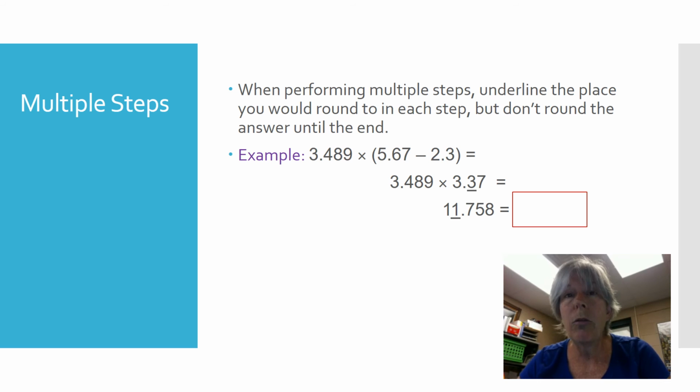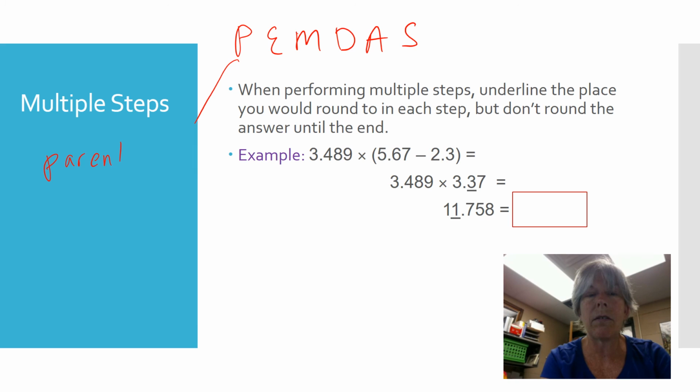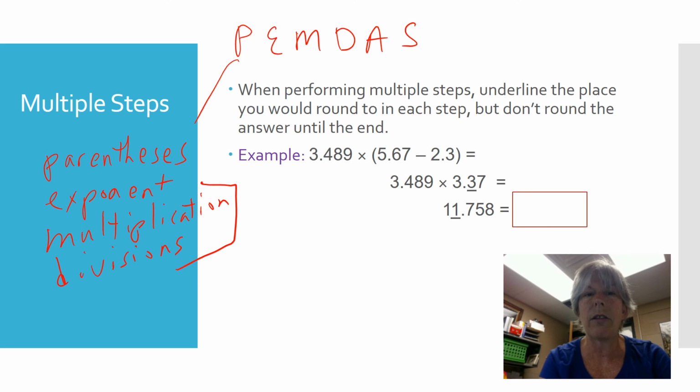And remember, with multiple steps in math, you have to please excuse my dear Aunt Sally, in that we do parentheses first, then exponents, multiplication, division, and we do multiplication and division together in the order that they come, and then our final step is any addition and subtraction in the order that they come.